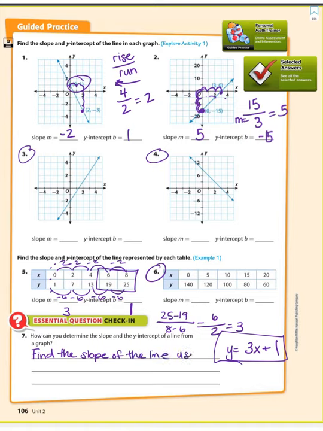Using the coordinates of 2 points on the graph.